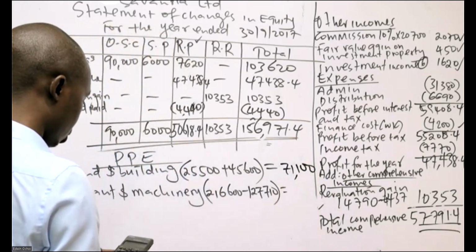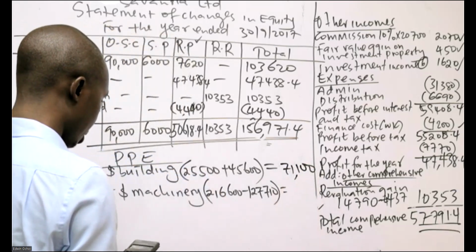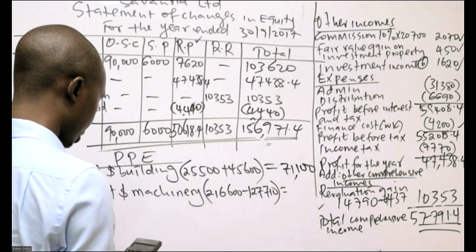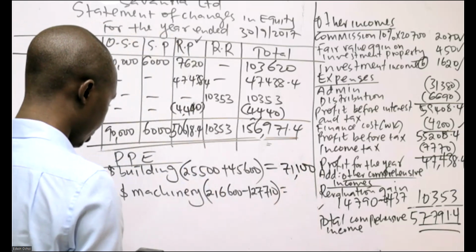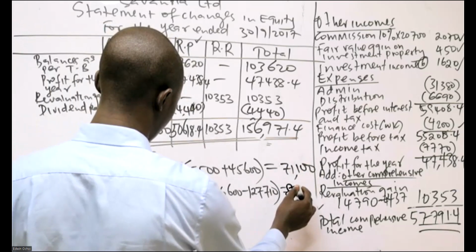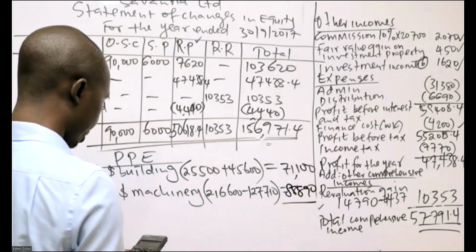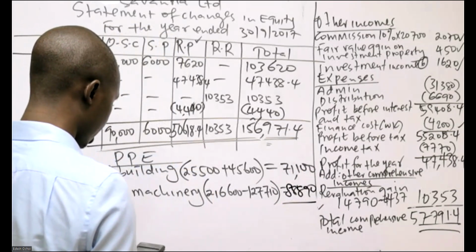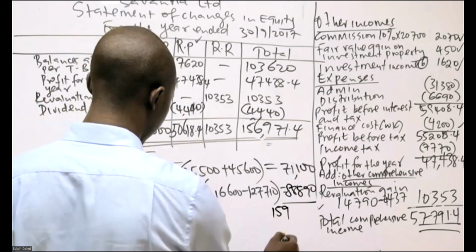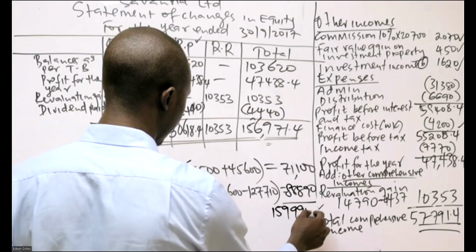The other one, 216,600 minus 127,710, is 88,890. 71,100 plus 88,890 is 159,990.